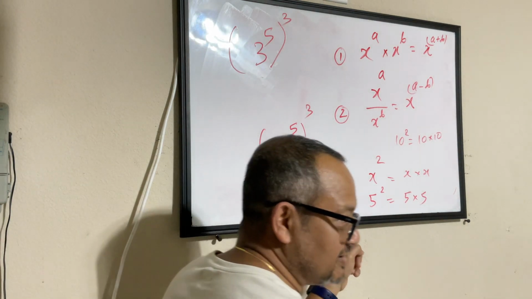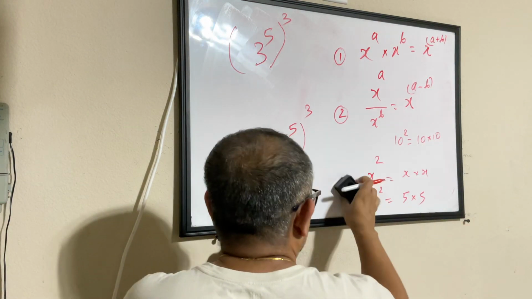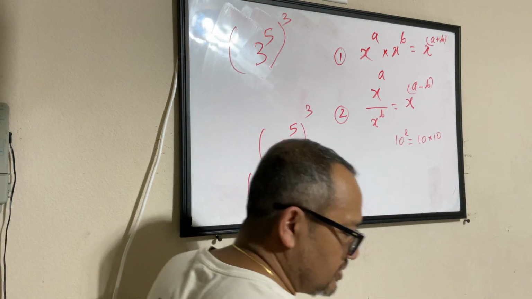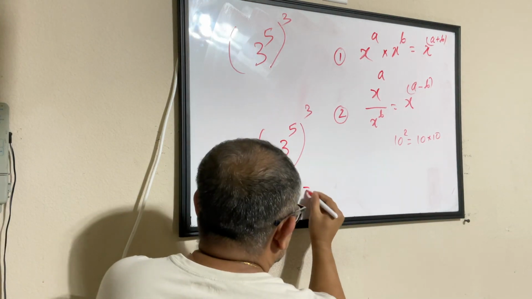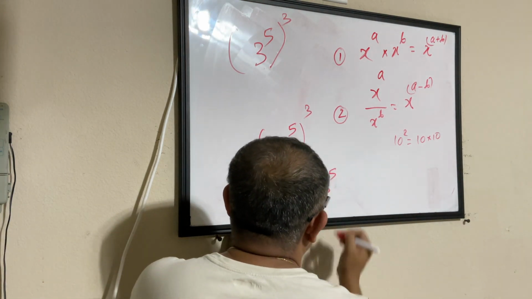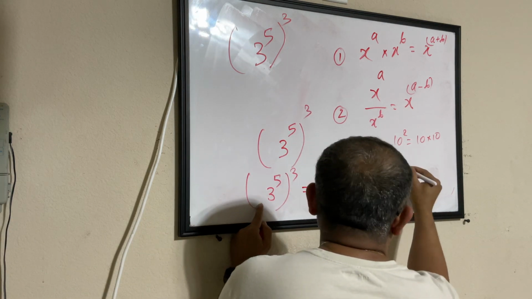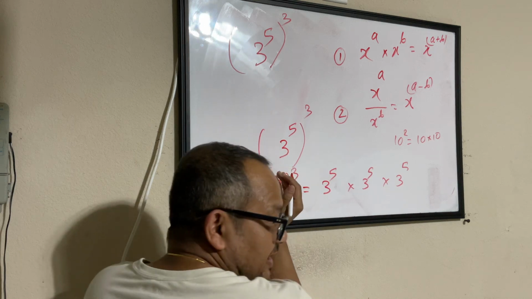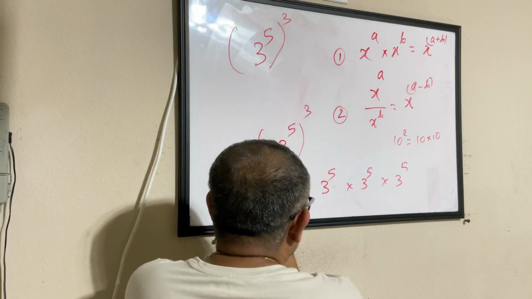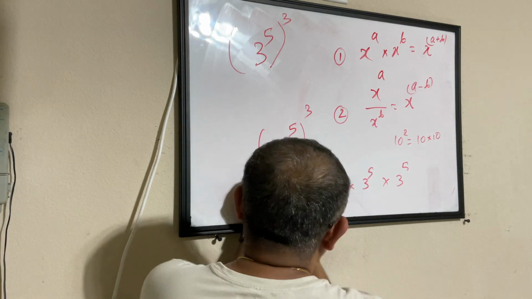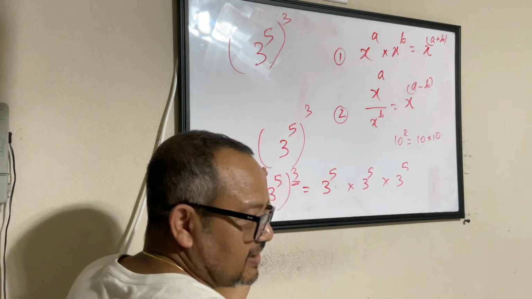That's what exponent says. So I can break it down and say this is 3 to the power 5 into 3 to the power 5 into 3 to the power 5. Because this whole thing is inside the bracket, this whole thing is getting multiplied this many times by itself.